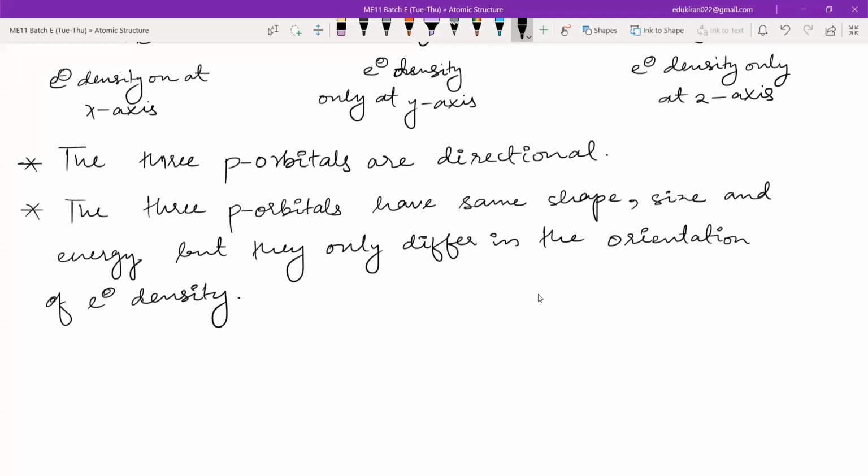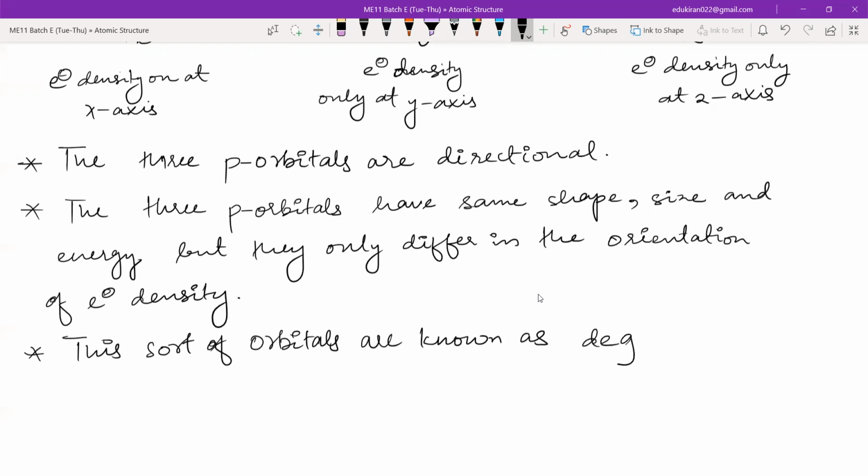This sort of orbitals are known as degenerate orbitals. This is an important term.